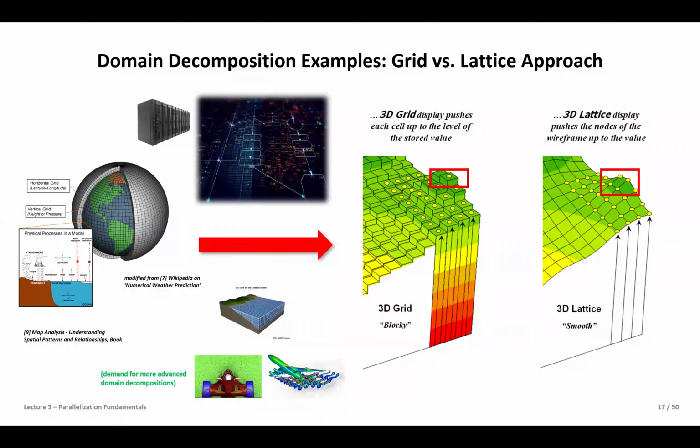Here's one of the examples, where we have not only this blocky grid, we can come to a much smoother terrain with the 3D lattice, where the nodes, the values that will be stored and computed on, are not within these blocky chunks, but rather on the lattice corners, edges, and so on.